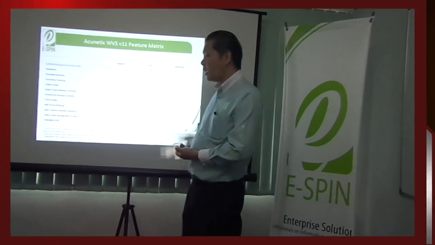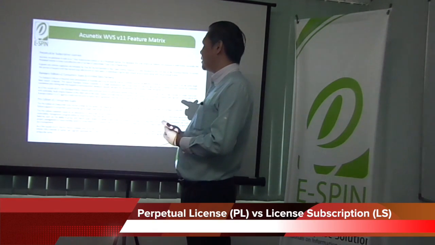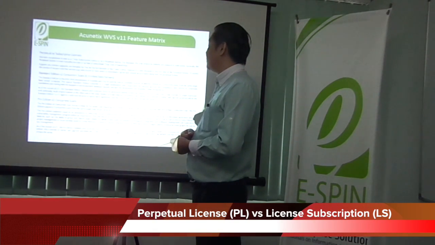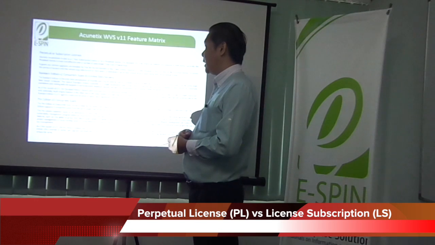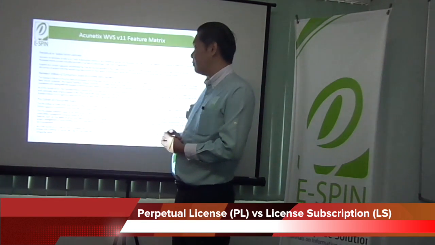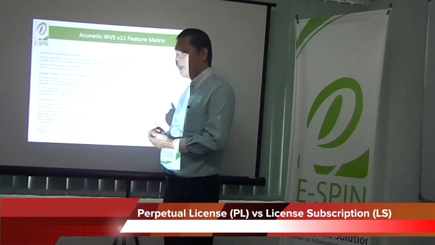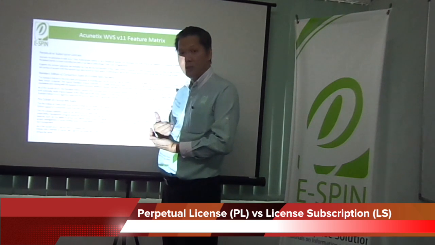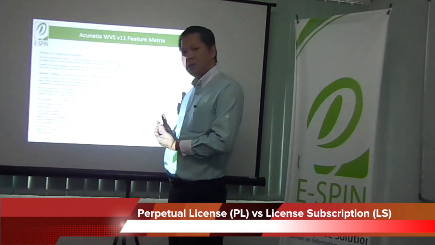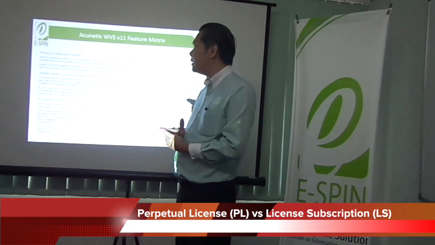So we continue. More specific talk again, a few more key items here. For this version, we continue that Acunetix on premises, it means to be installed in your own place, not the cloud version. So it can be licensed in 2 ways. One way is perpetual license, one way is a subscription license, or term license or fixed license, you can call it.